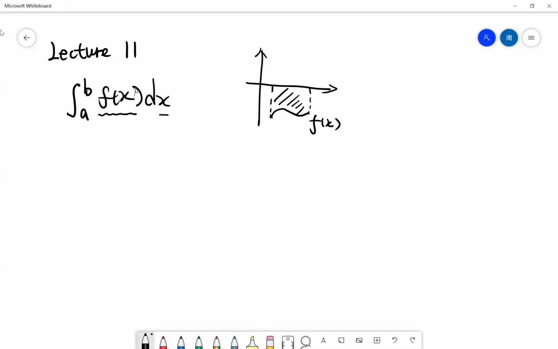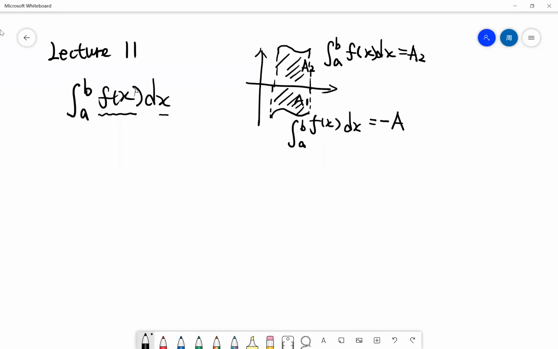So here that equals minus the area here. And if that is above the x-axis, maybe we can call the area here A1, and here A2.